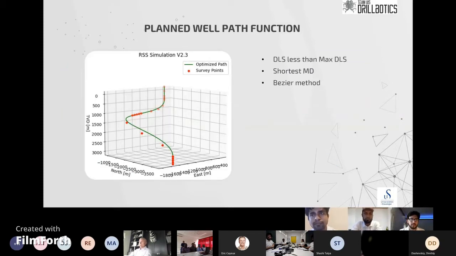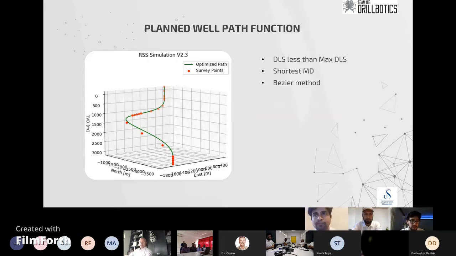The planned well path function has the following philosophy: creating an optimal trajectory based on the dogleg severity, which has to be less than the maximum dogleg severity stated by the user at the beginning, and it has to get the shortest MD, or measured depth. And it's based on Bézier curves.